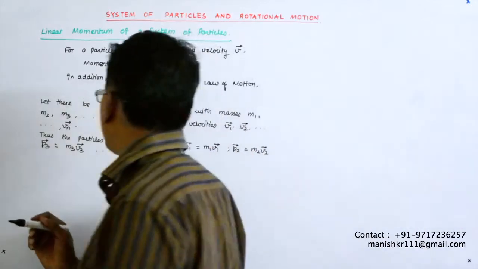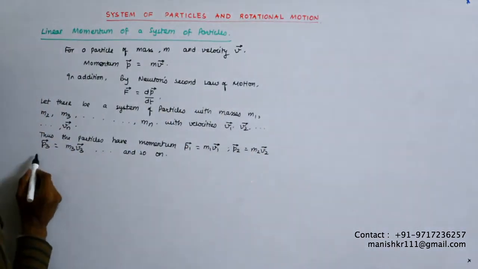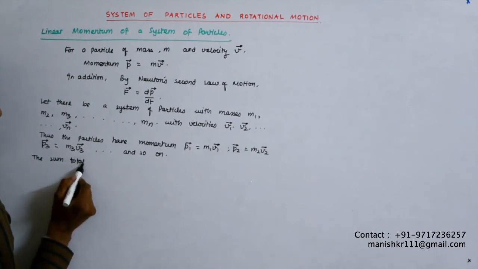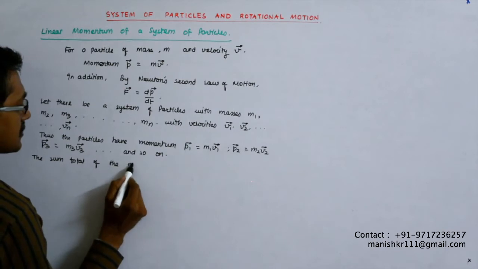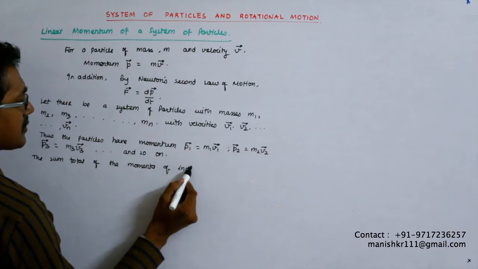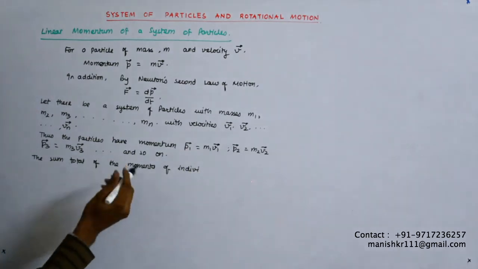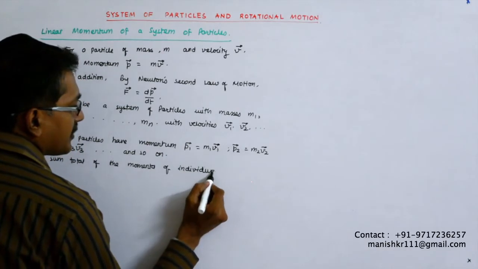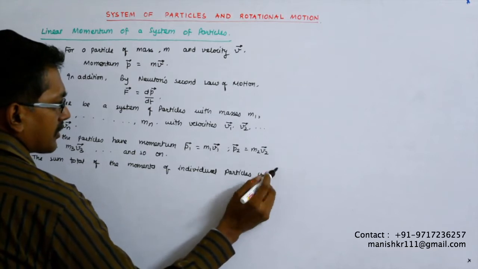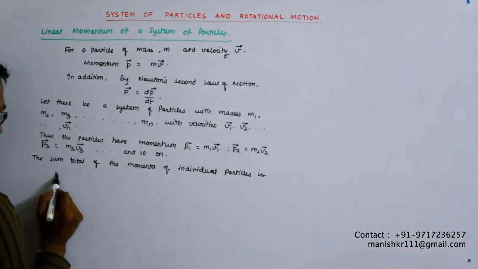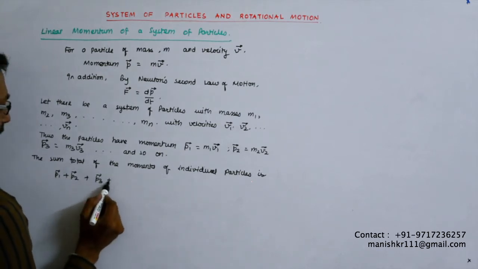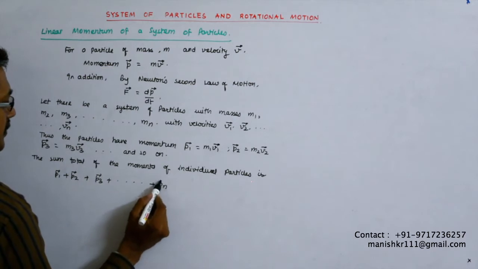Now what is the sum total of all the momenta? The sum total of the momenta of individual particles will be added like a vector, is it not? It is P1 plus P2 plus P3 plus Pn.